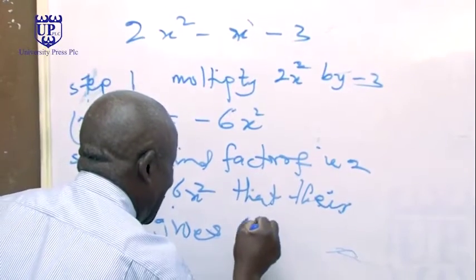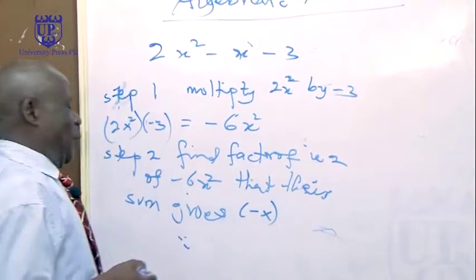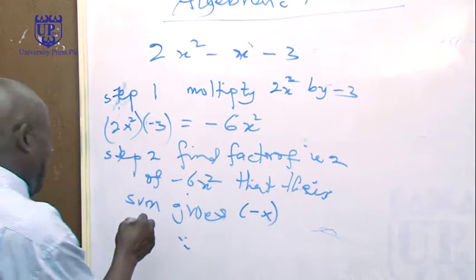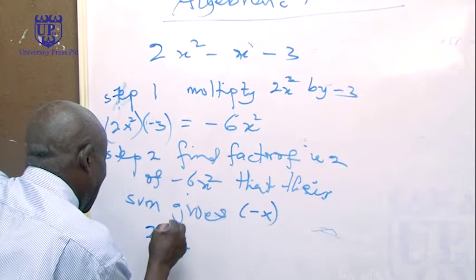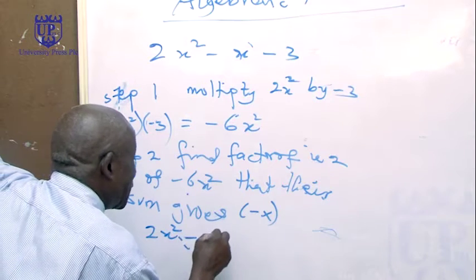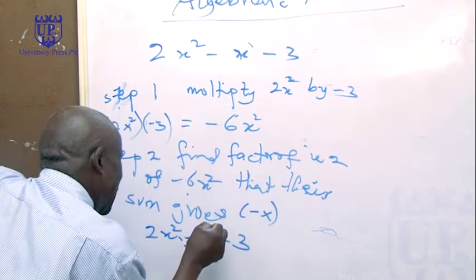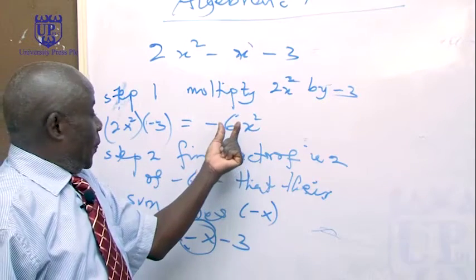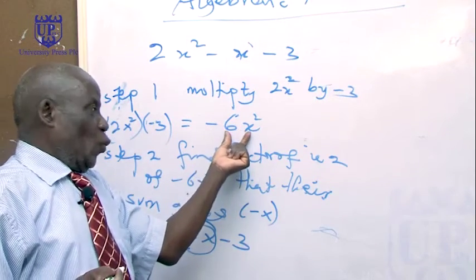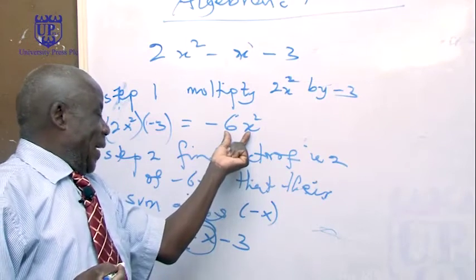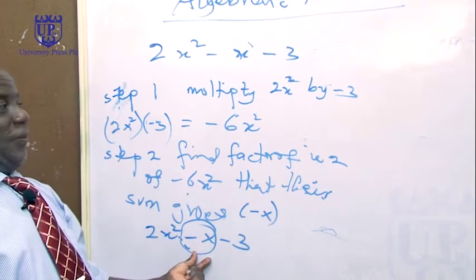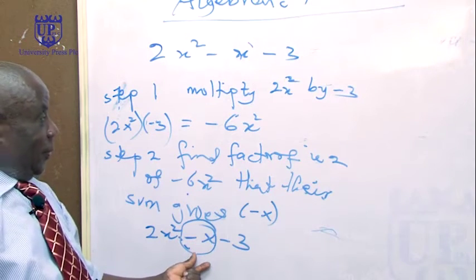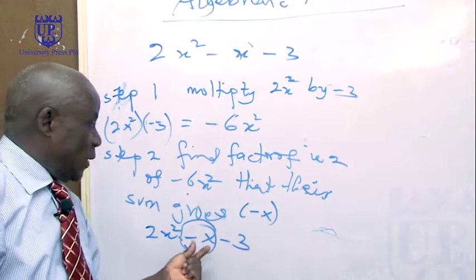minus x. You will be asking, why minus x? The reason is this. This is 2x squared minus x minus 3. You know, this is minus 6. These two factors of this will give this. When getting those two factors, you substitute for this value.